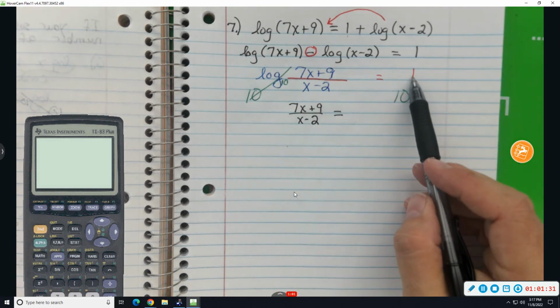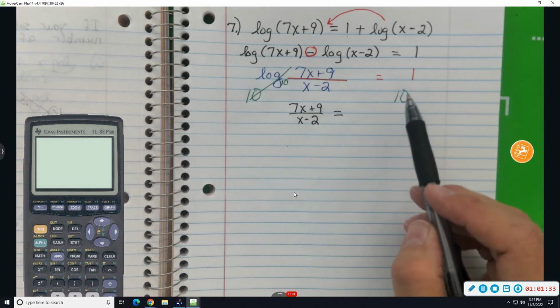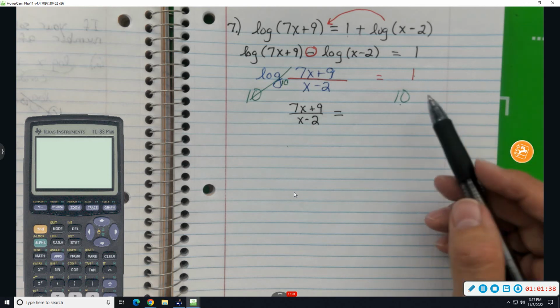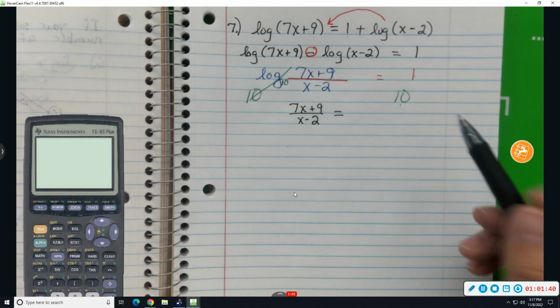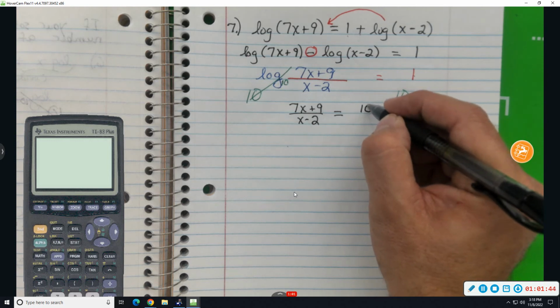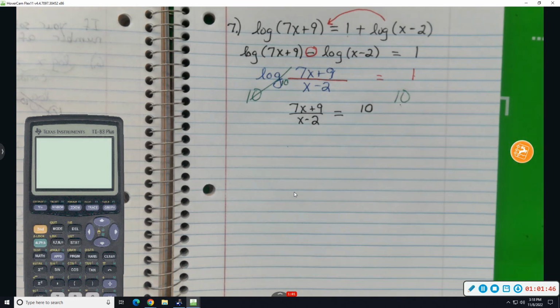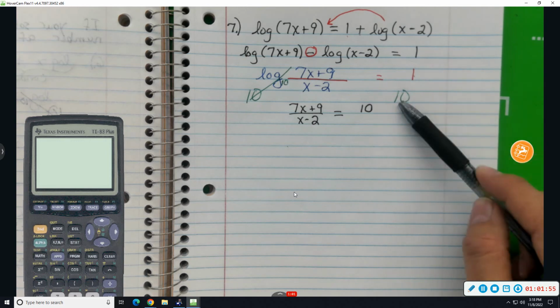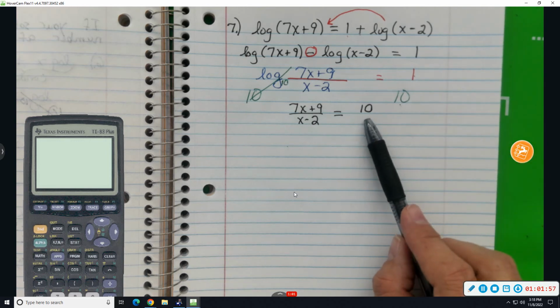Notice how that 1 became the exponent. 10 to the first power. Is that just a 10? No, 10 to the first is just 10, right? 10 squared would be 100. So this 10 to the first power, I'm writing just as a 10.